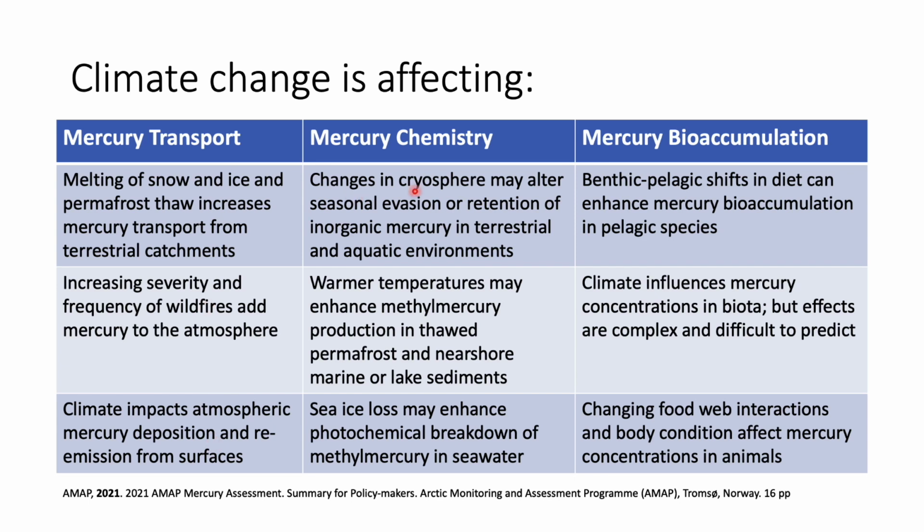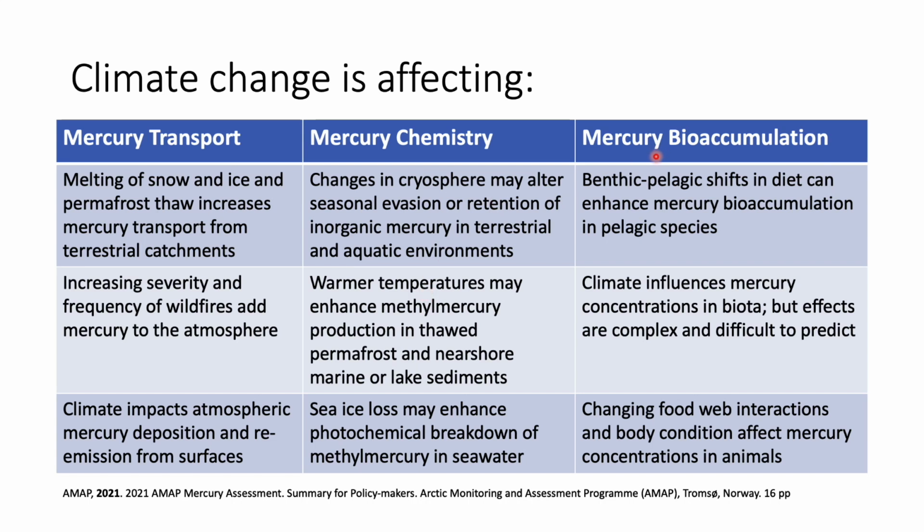And when we look at mercury chemistry, the change in the cryosphere alters the seasonal evasion or retention of inorganic mercury in the terrestrial and aquatic environment, so it persists for a longer time. And when we look at mercury bioaccumulation, the benthic and pelagic shift in diet can enhance mercury bioaccumulation in pelagic species.